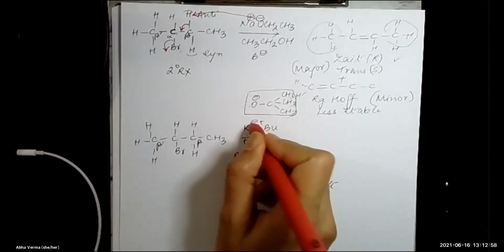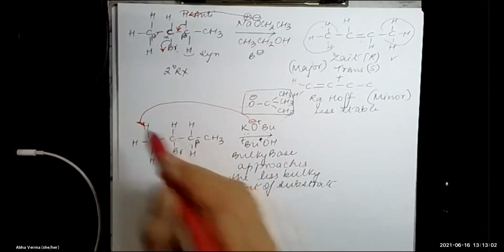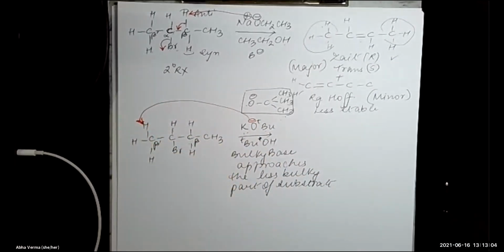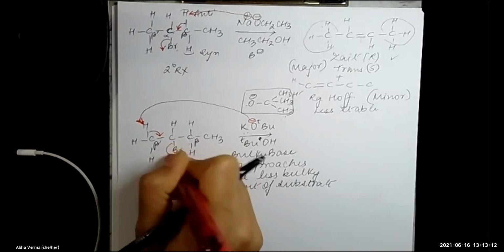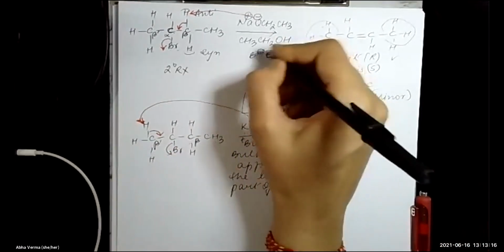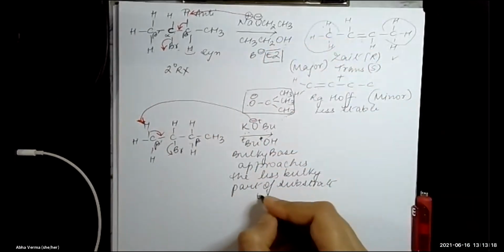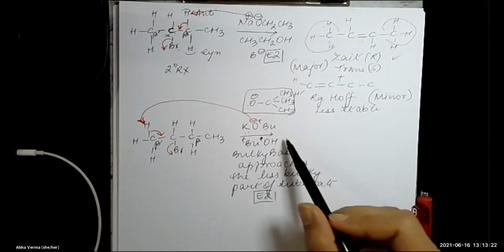Whenever you will have a bulky base, you will abstract the proton from the less bulky part. And now still the E2 is following. Still this is E2 elimination.